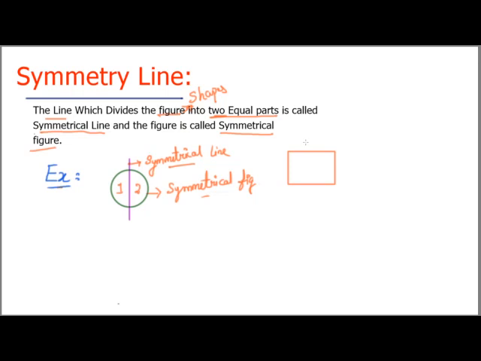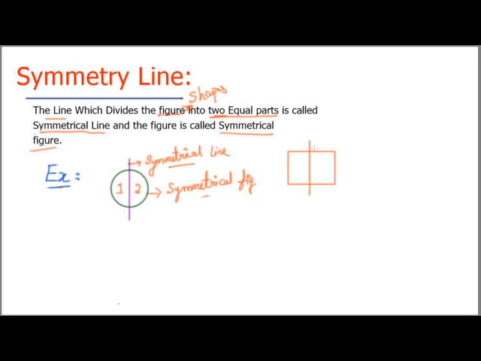We can divide the square in a number of ways. How many ways can we divide it into equal parts? Now we are going to see. First, I can divide this square vertically.